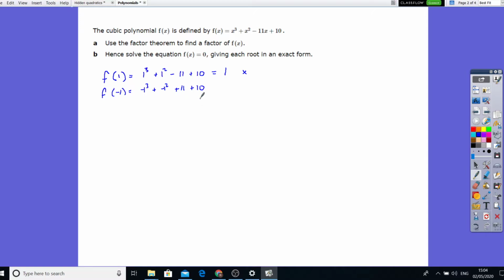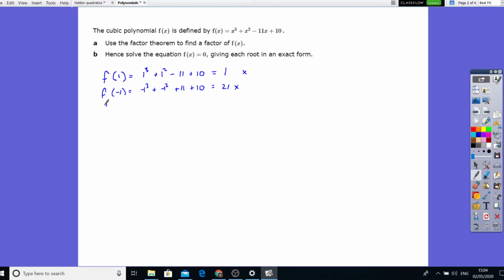So this is going to end up positive, so that's going to give me a 1, and that's 10 plus 1 is 11, plus 11 is 22, take away 1, so it's going to be 21. So nope, that's no good.